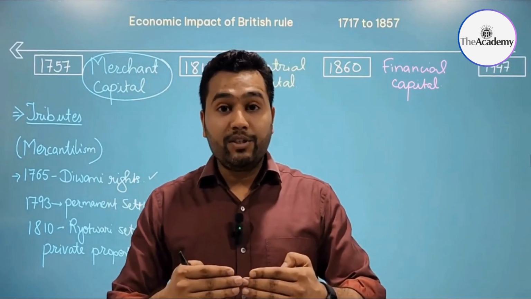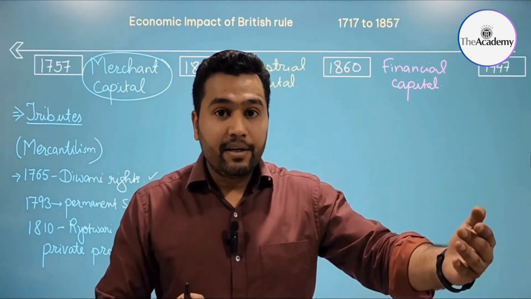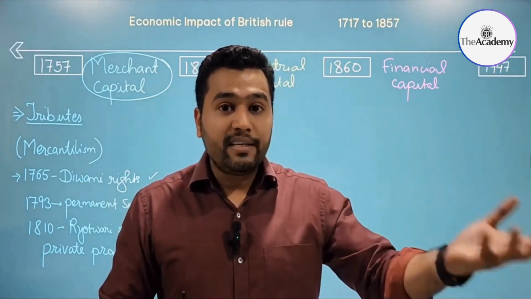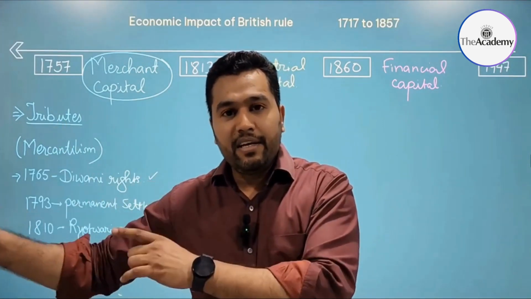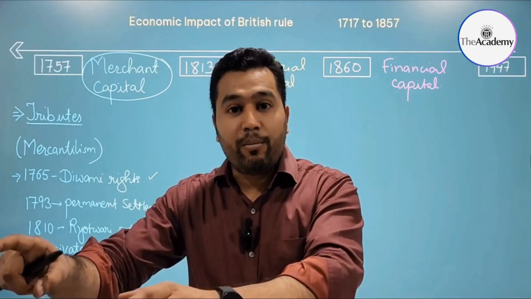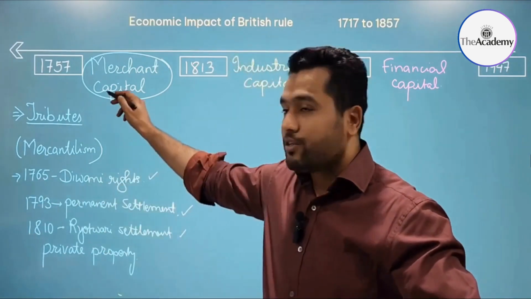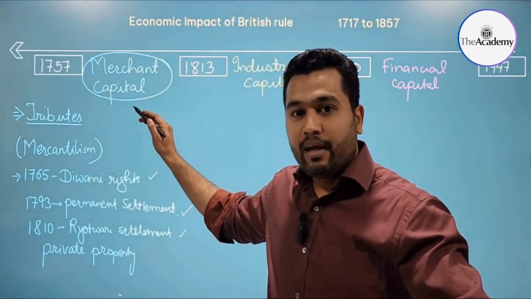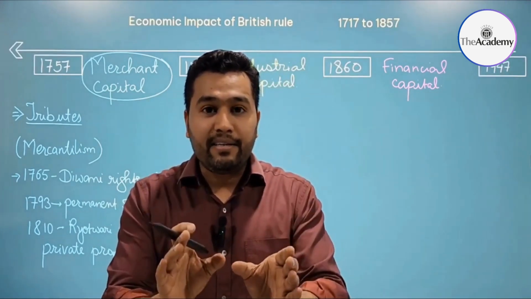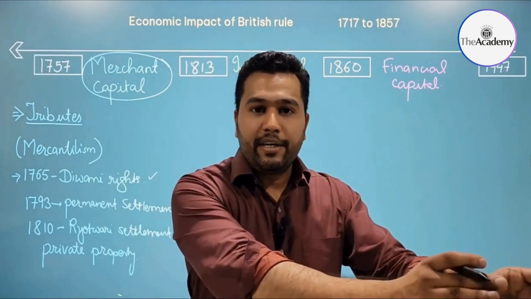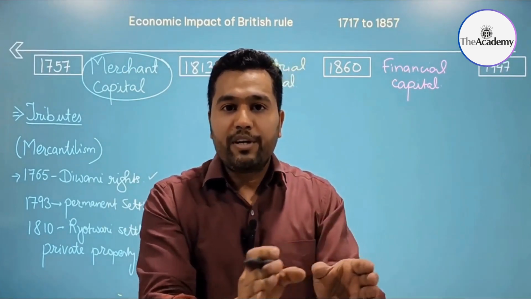And the English capitalists looked at Indian commodities as a source of raw material. Now what had changed is, previously the English capitalists had to purchase the raw material from the East India Company because of merchant capitalism. And now these industrial capitalists aimed at directly getting the source of raw materials from India.